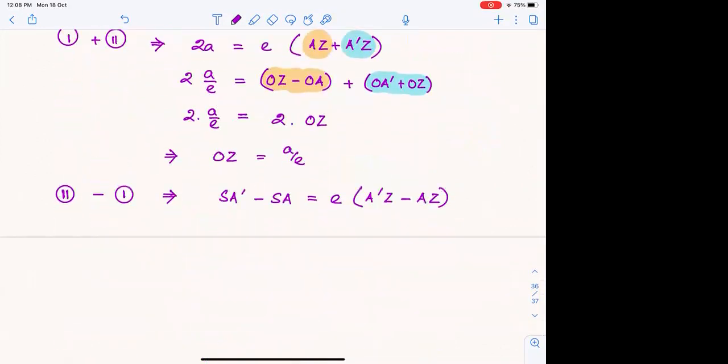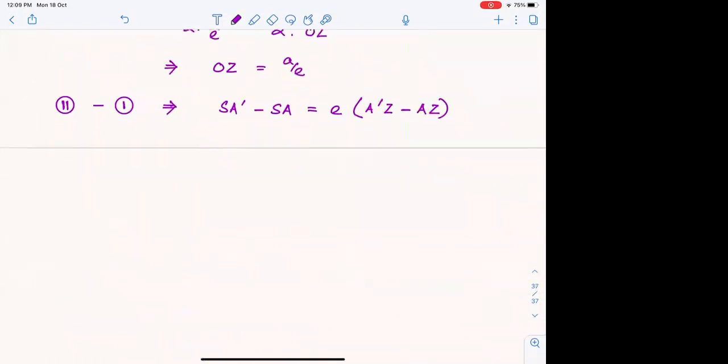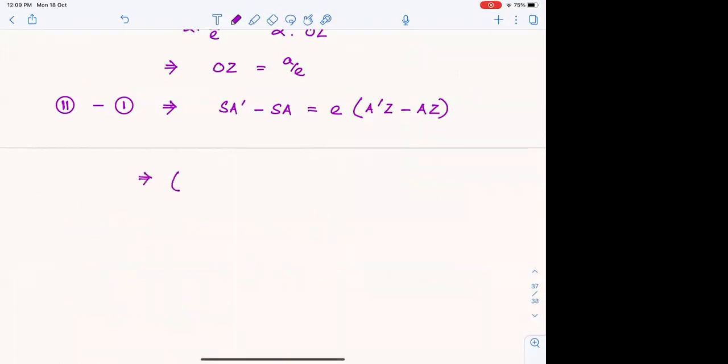Whereas as per our target, we can look for SA dash in terms of origin distances: A dash O plus OS, whereas SA is OA minus OS, and this equals e times 2a.